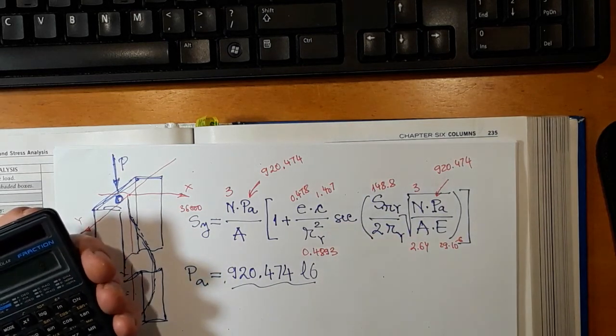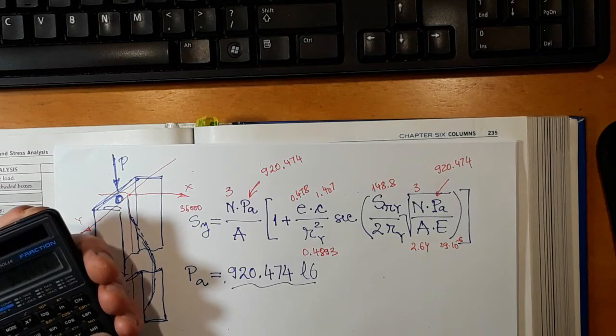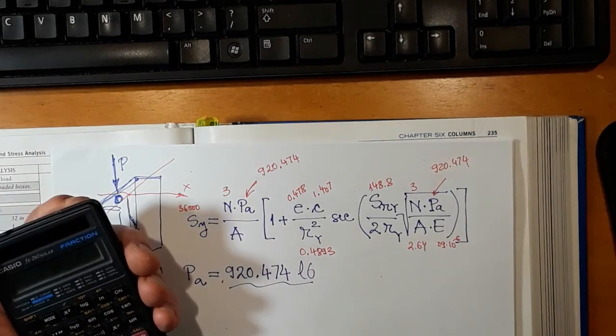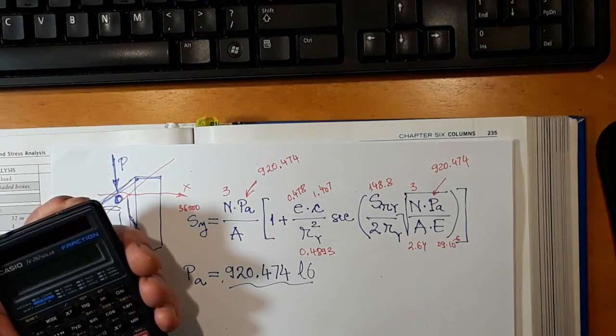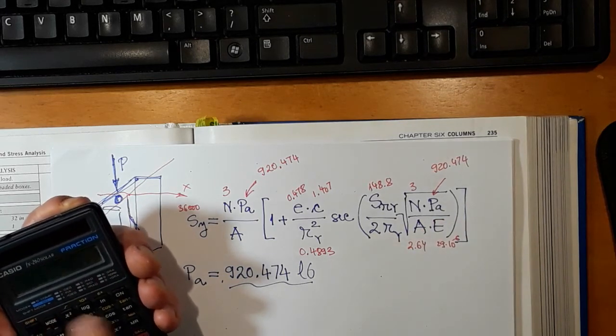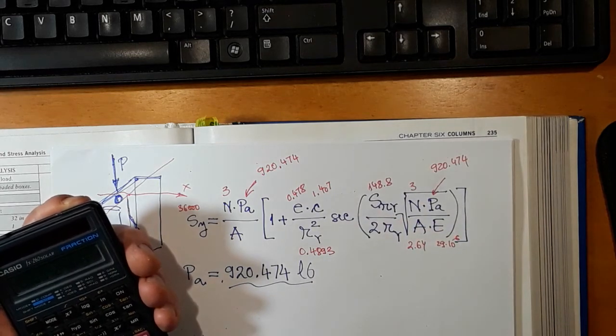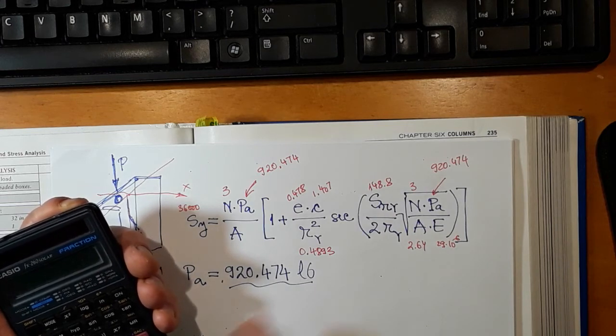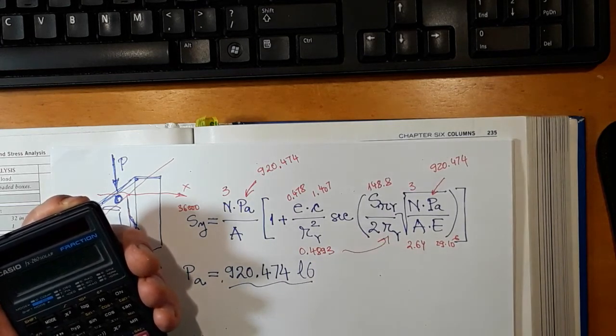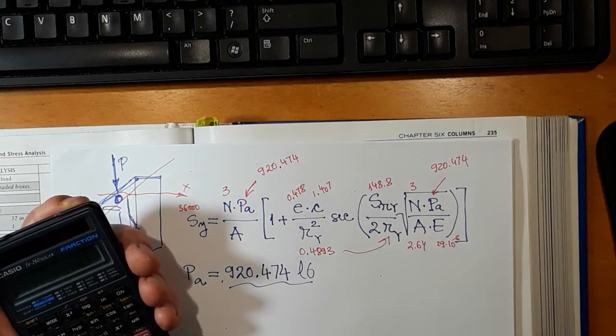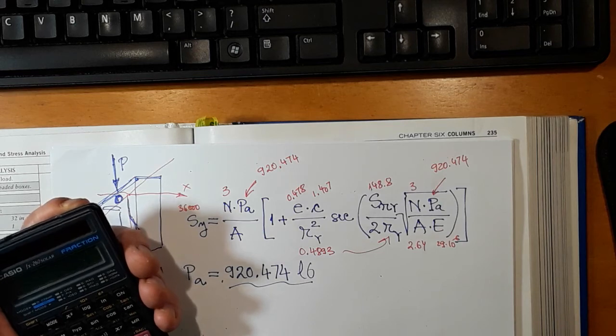So we have 3 times 920.474, and I'm going to put this into memory, over 2.64 over 29 exponent 6, equals, take the square root, times 148.8 over 2 over 0.4893, equals.